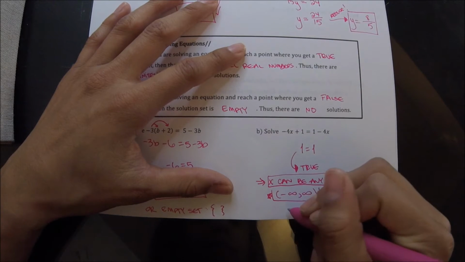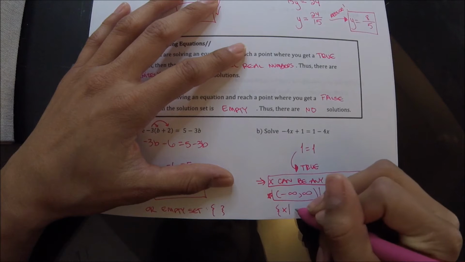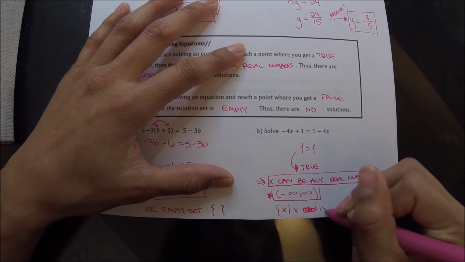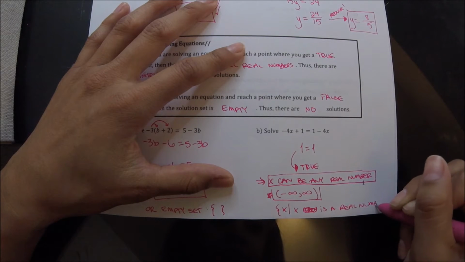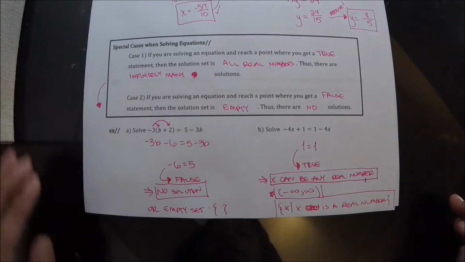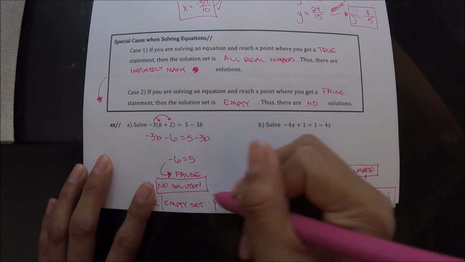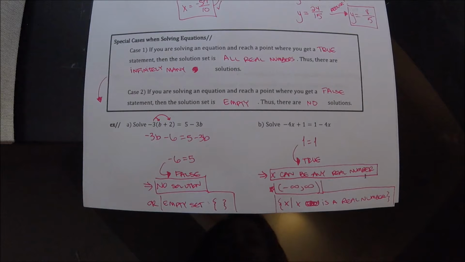Or you could say the answer is all values x such that x is a real number. So any one of these options is fine. Same thing down here. You can say anything like this, depending on which case you're in.